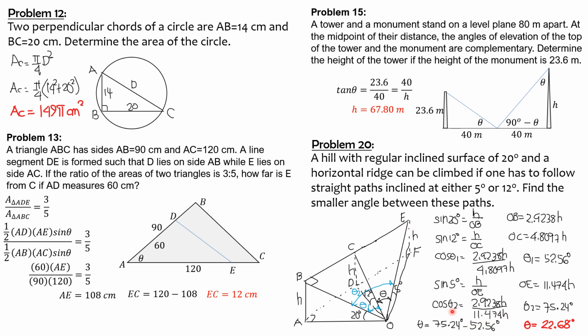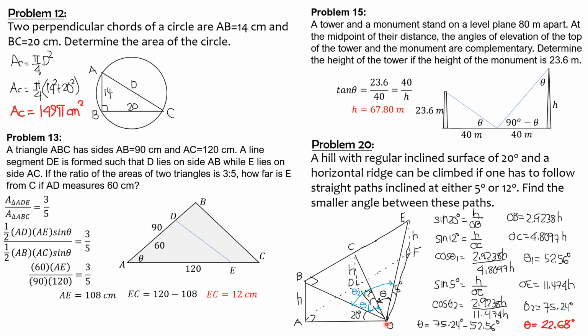Cancel out h, solve for theta 2, it is 75.24 degrees. And finally, this angle theta, the smaller angle between these two paths, is theta 2, which is 75.24 degrees, minus theta 1, which is 52.56 degrees, and that is 22.68 degrees.